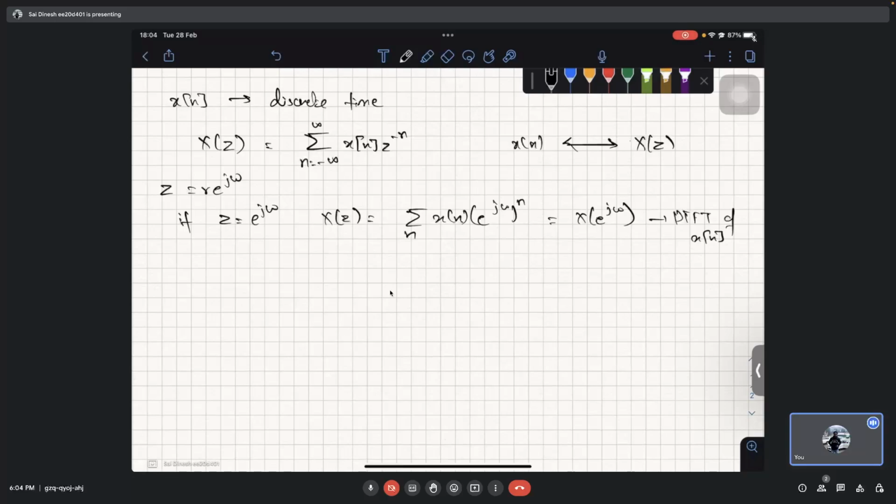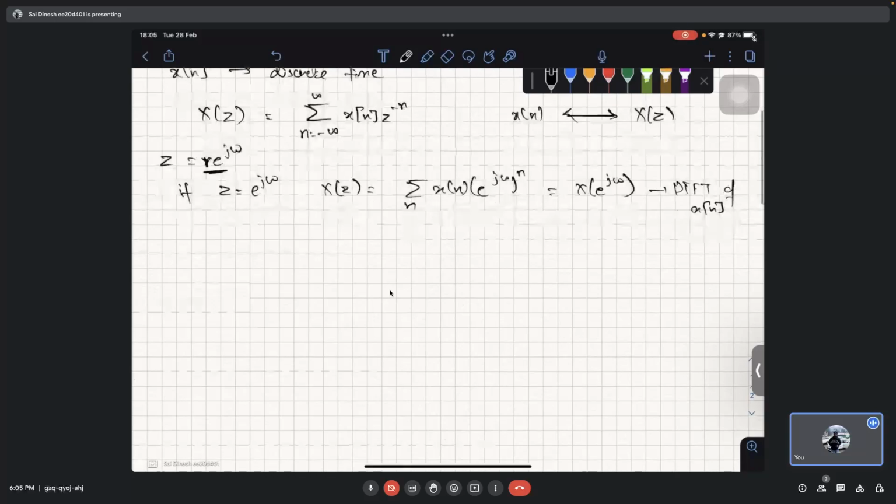We have seen that a signal does not always have a DTFT, meaning the DTFT of a signal does not always converge. So we come to a more general way, where z is r times e to the power j omega, where r is the magnitude. Now we talk about a generic z.